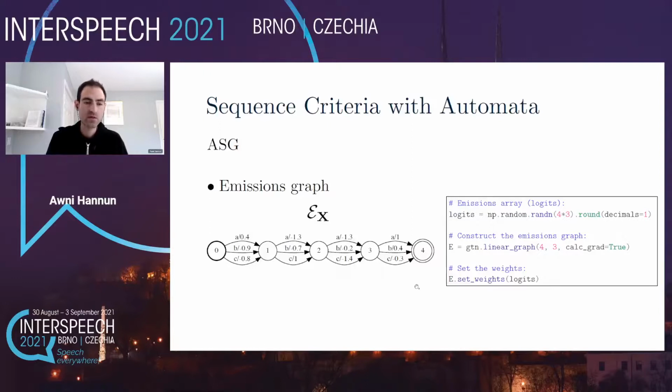Then I also need what we call the emissions graph, the graph E. The emissions graph represents the output of something like a neural network, or really any machine learning model, which takes the input X as input.